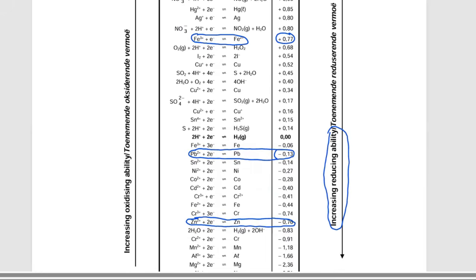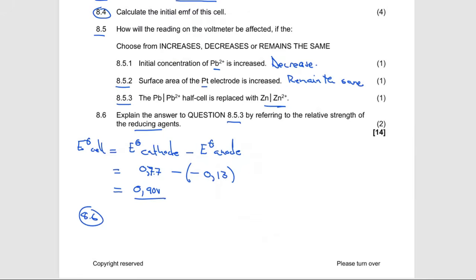So I'm going to say here as a reason: zinc is a stronger reducing agent than your Pb, right?